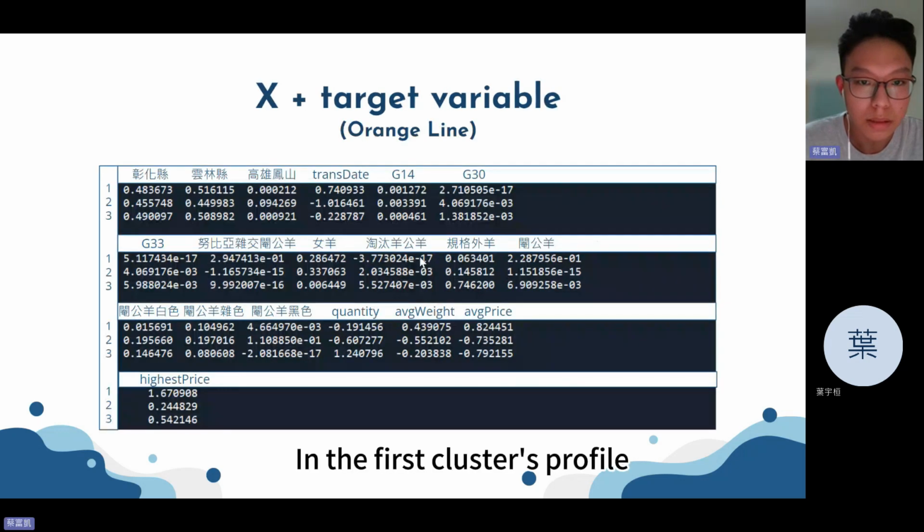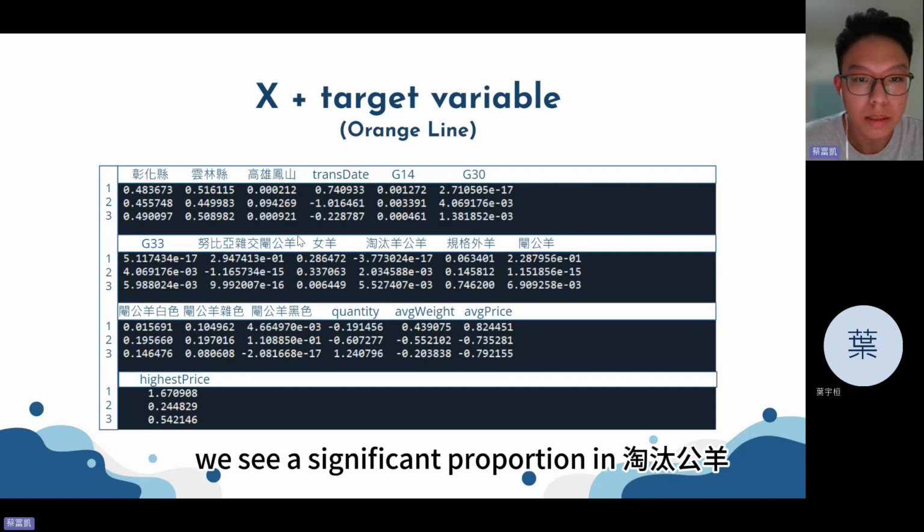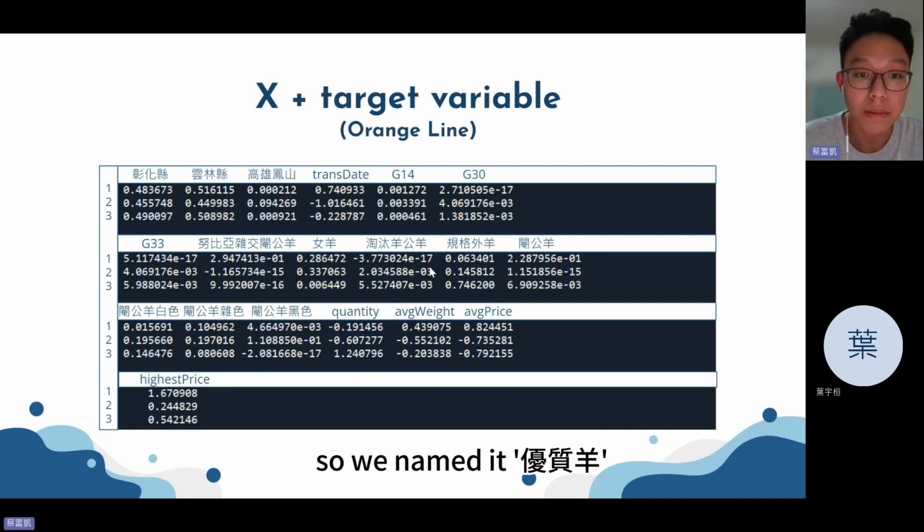In the first cluster, we see a significant proportion of 杂交羊. We see a significant proportion in 淘汰公羊 and a high proportion of the highest price. So we named it 优质羊.